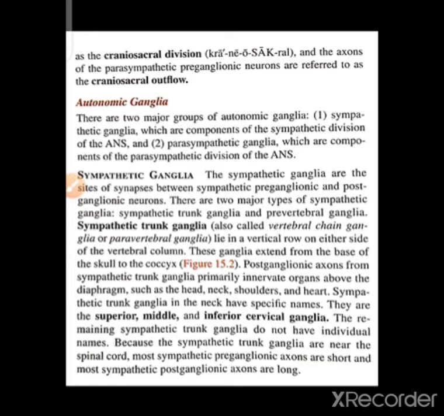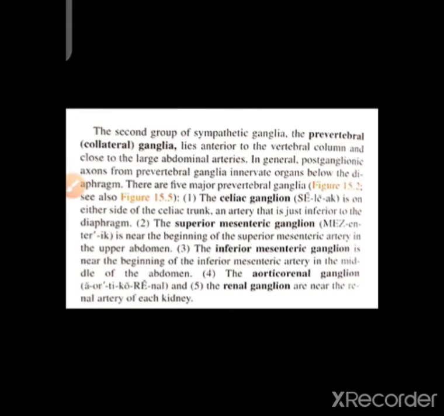The prevertebral or collateral ganglia lie in front of the vertebral column and close to the large abdominal arteries. They innervate organs below the diaphragm.